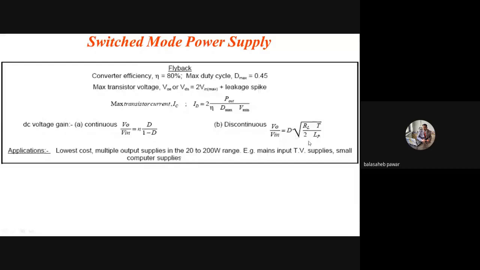Okay. So for these flyback type converters, applications are mentioned like lowest cost multiple output supplies in the 20 to 100 watt range. Examples: TV supplies, small computer supplies, etc. Okay. So basically, these flyback converters with the given range, 20 watt to 200 watt, are mostly preferred in such applications.